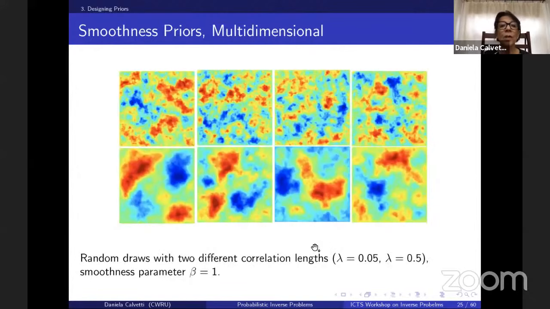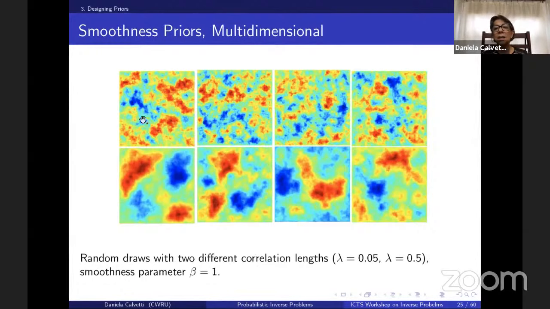And I'm going to give you a sense of what kind of patterns or priors we get if we assume that our unknown is governed, or a priori, the best that we can say about our unknown is that it should look like some realization from a Whittle-Matern prior.